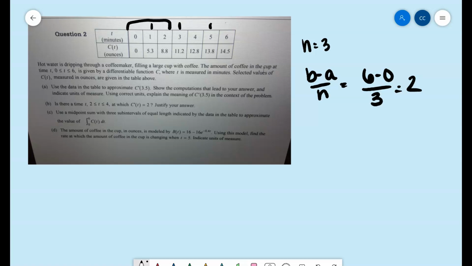Because here's rectangle 1, rectangle 2. Sorry, I should draw it in the middle of my boxes. 1, 2, 3. Therefore making 1, 3, and 5 my midpoints.